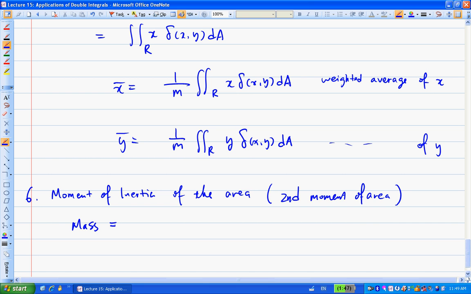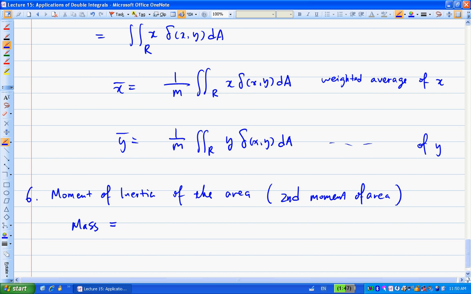First of all, what is the concept of mass? When you're talking about the motion of an object, you have to think of the mass. So what does the mass have to do with the motion? The mass will generally oppose the motion, right?